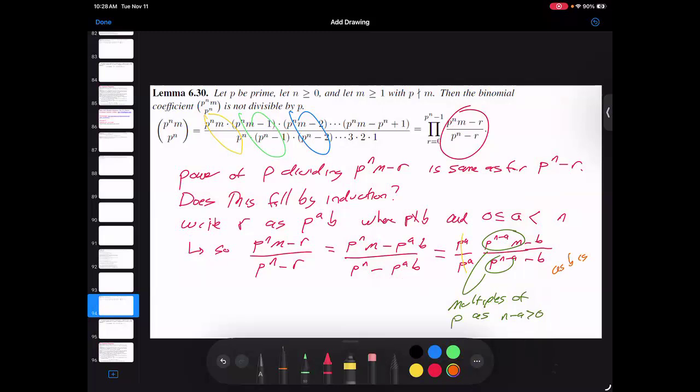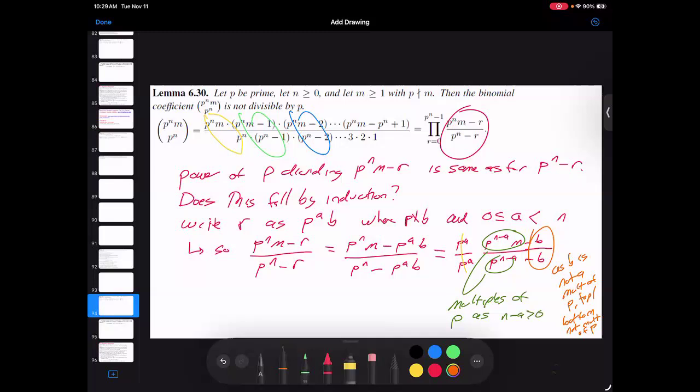As b is not a multiple of p, top and bottom are not a multiple of p. And so that proves that this expression is not going to be a multiple of p.